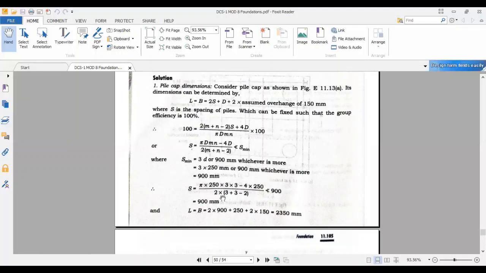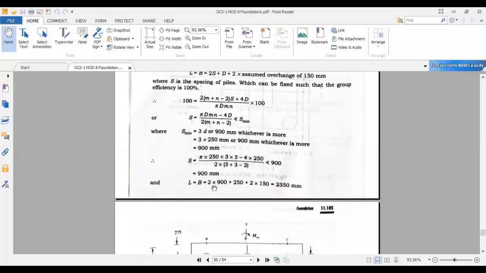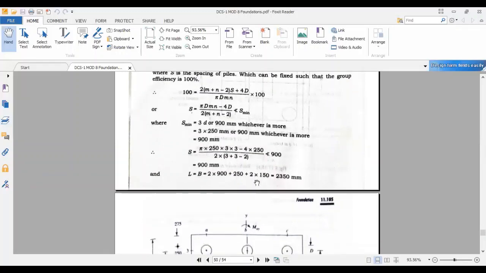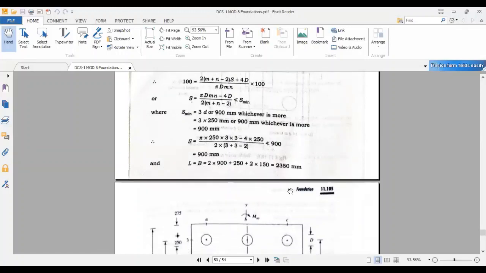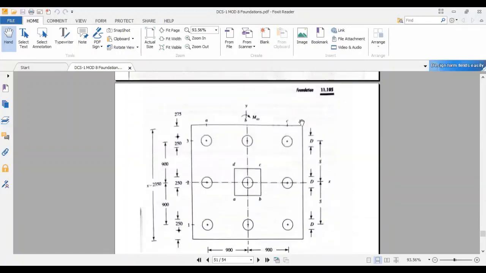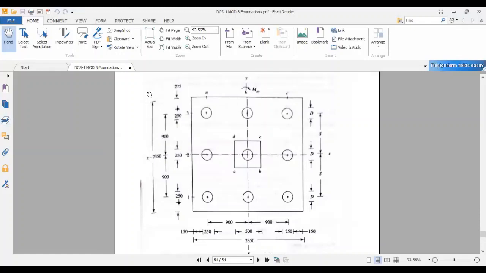If we find this value comes out to be lesser than 900, we take the value of s as 900 mm. So if we put the value of s in this equation, we get L is equal to B is equal to 2 into 900 plus 250 plus 2 into 150. So the value of length and breadth comes out to be 2350 mm. So as you can see, 2350 in this direction and 2350 in this direction.